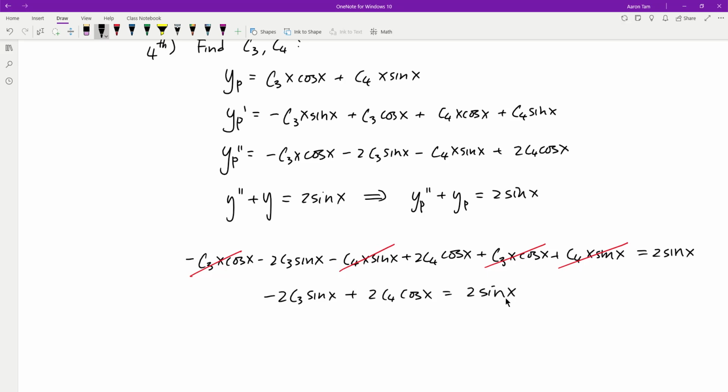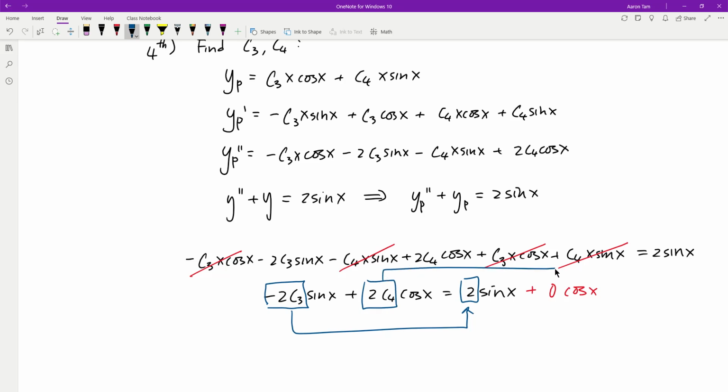So how do I solve this equation? Well, the way to do that is very simple. First, realize that the 2 sine x on the right-hand side technically is the same as 2 sine x plus 0 cosine x, and therefore the coefficient negative 2c3 should match with the coefficient 2, because they're both coefficients for sine x on the left side and the right side, and the 2c4 cosine x should match with the other side, which is 0 cosine x.